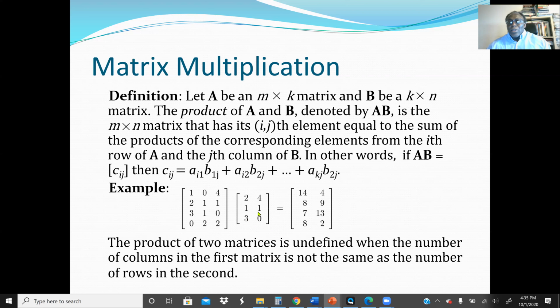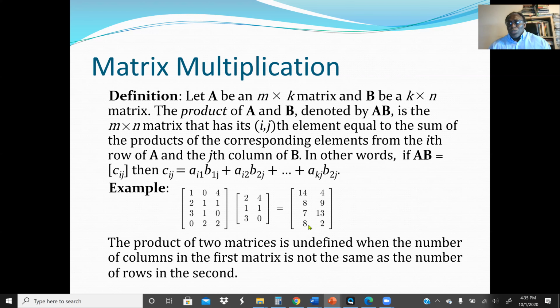Now, in mathematics or arithmetic, we know 2 times 3 is 6, and 3 times 2 is still 6. But in matrices, sometimes we may have first matrix times second matrix and it may work, but if we change the position and bring our second matrix as first, it will not work.